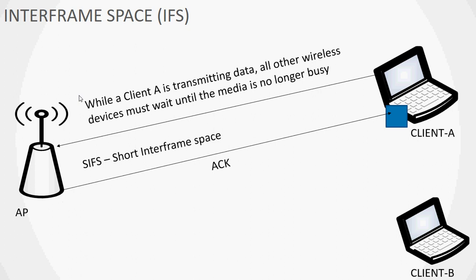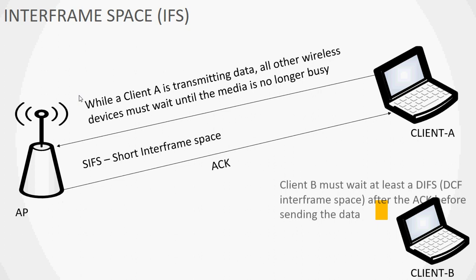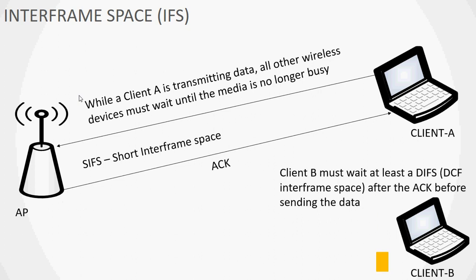After the SIFS, it is known by default that an acknowledgement will be sent, so it is given the second highest priority. Client B must wait at least a DIFS after the acknowledgement before sending data. So once the acknowledgement is received by client A, client B must wait until the DIFS time is available.